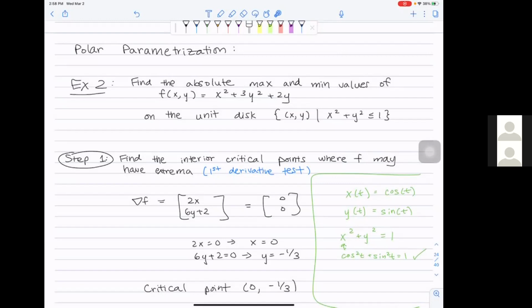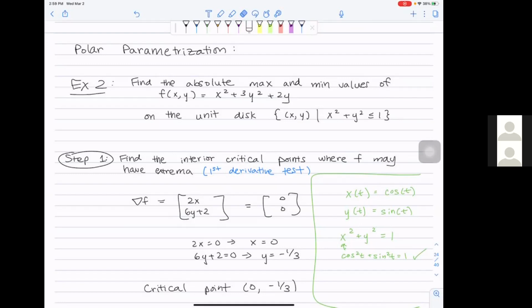We want something so that when we plug it in, this equation holds true. When you plug this in here, you would get 9 cosine squared over 9. The 9's cancel out, and then plus sine squared, which is 1.